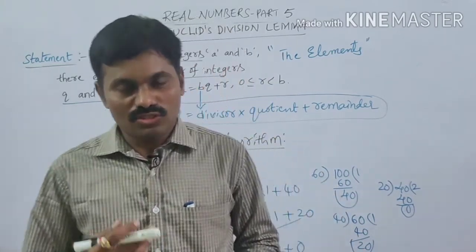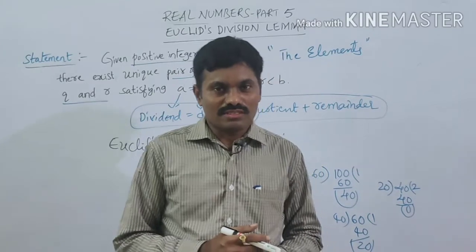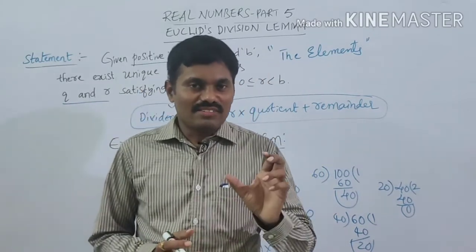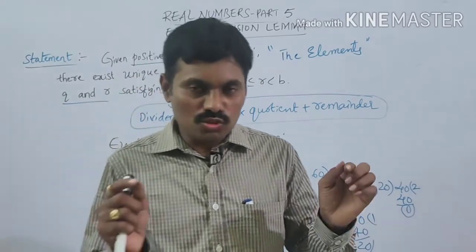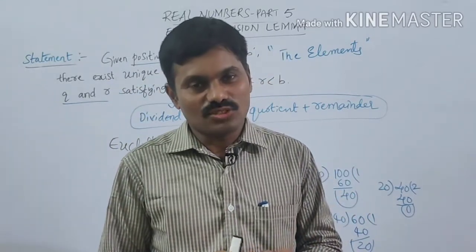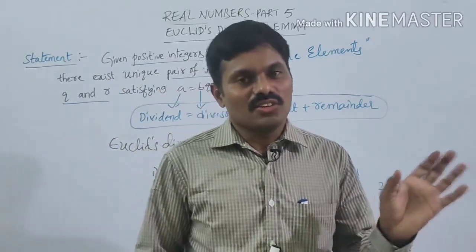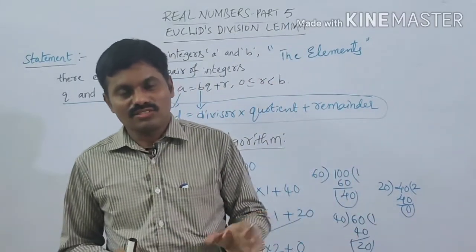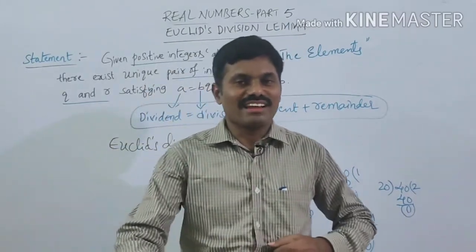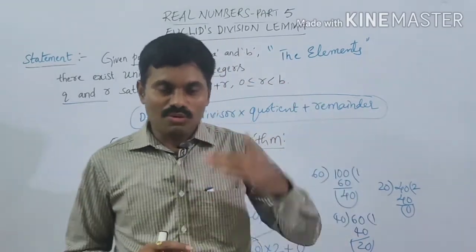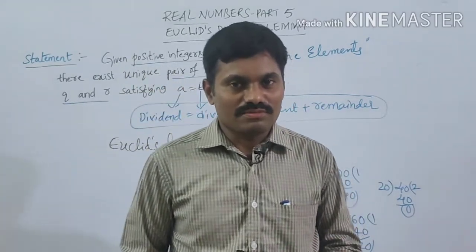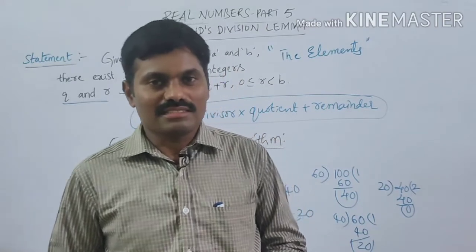Like that, people used to get confused. Euclid's division lemma and algorithm are different, but those two are closely interlinked, so we used to think that Euclid's division lemma is also Euclid's division algorithm. Algorithm is a process, a procedure for finding the HCF of two positive integers.